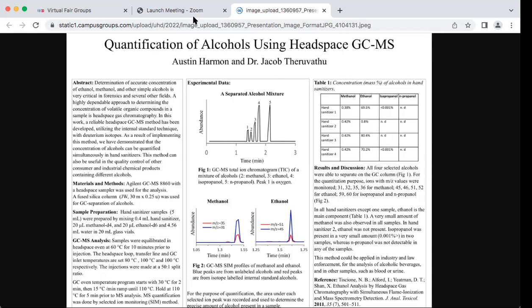We placed methanol D4 and ethanol D6, which are both isotopes of the regular alcohol, and then the hand sanitizer sample, just one, and then water, all up to 5 milliliters.